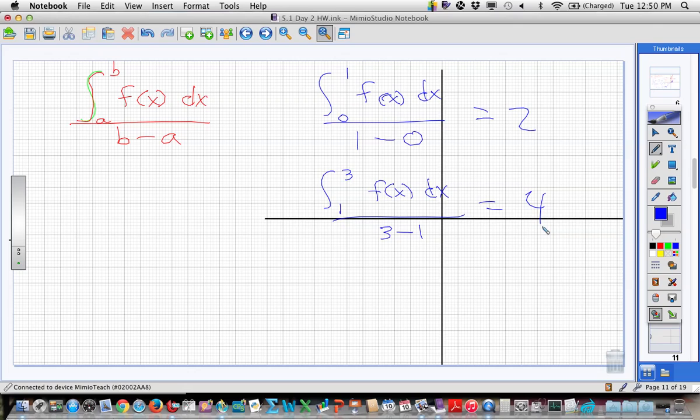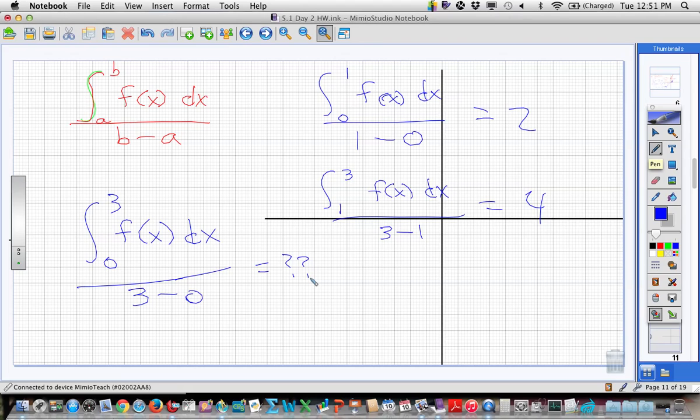Now, they wanted to know the average value from 0 to 3. Well, the average value from 0 to 3 is this. So I've written down what they gave me, and I've written down what they want me to find.